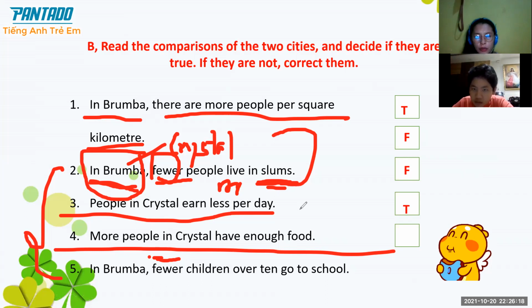So what do you think is the answer for number 5? True. All right, that is true.